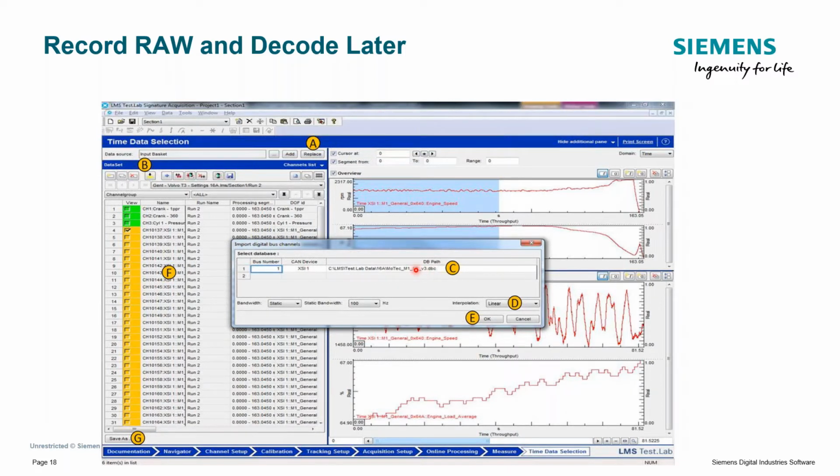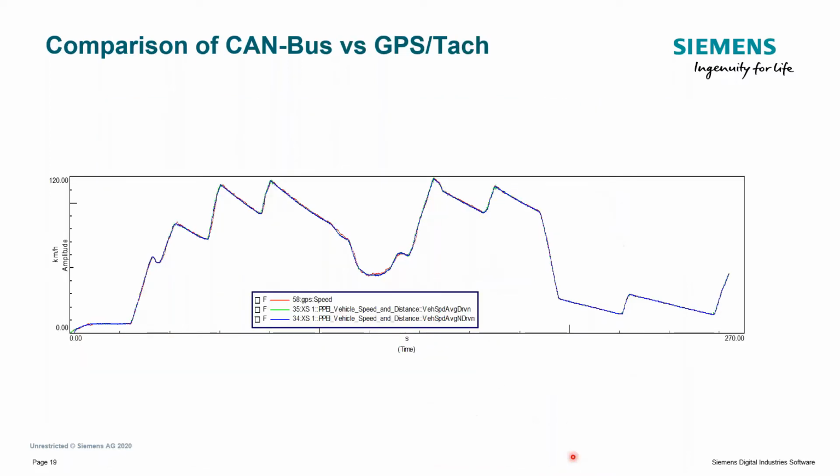Maybe you didn't even have the DBC file, so you have the raw CAN file. And then you can go in, select the DBC file again, and select which channels out of the CAN file you want to process and decode. So that's what that does. And you do the decoding of a raw CAN file inside the time data selection worksheet inside TestLab.